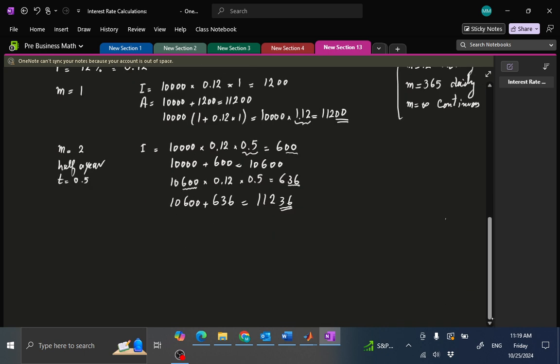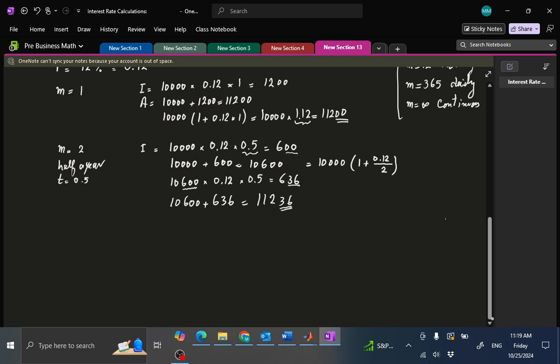Now, as the calculations are going to become more involved, let's find a way of simplifying it so that we don't drown under all the numbers and dollars and cents. So this is 10,000 times 1 plus this 12%. The bank gives us half of that. Half of that is that number of compounding.